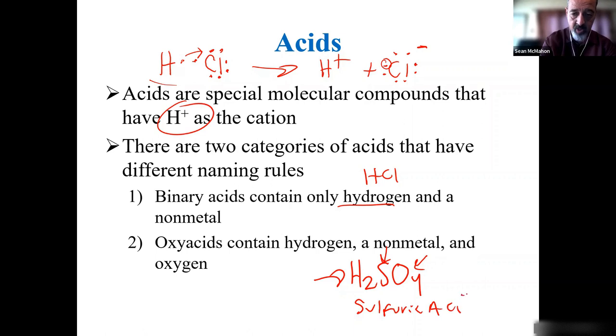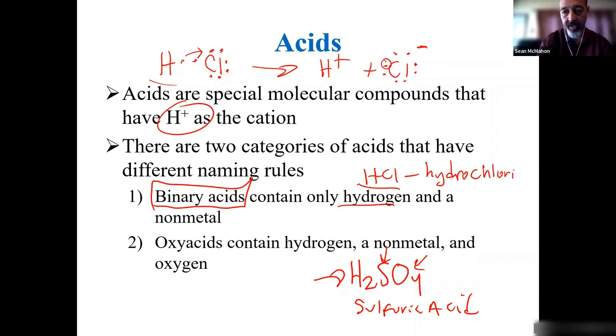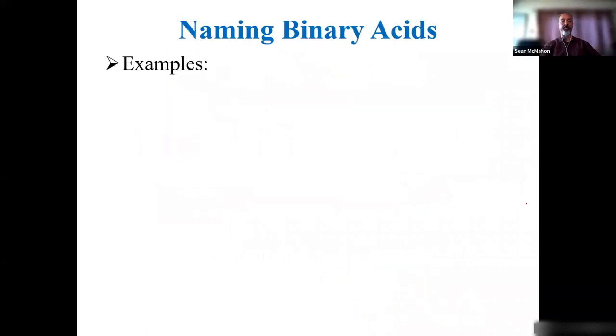Okay. What I want to get into for this lecture is the last binary substance. So far, binary ionic with transition metals, binary covalent, and now we're going to do binary acids. And how do I name this? I know a lot of you already know that this is hydrochloric acid. I know you know that, but now we're going to talk about why.